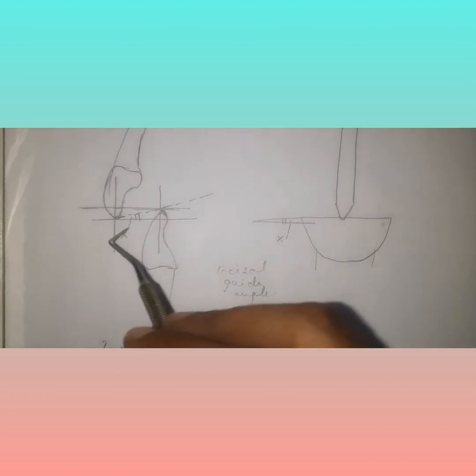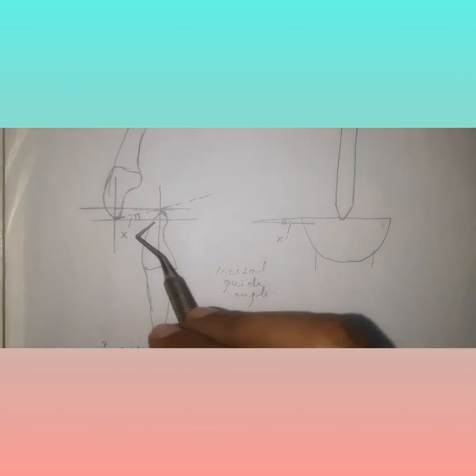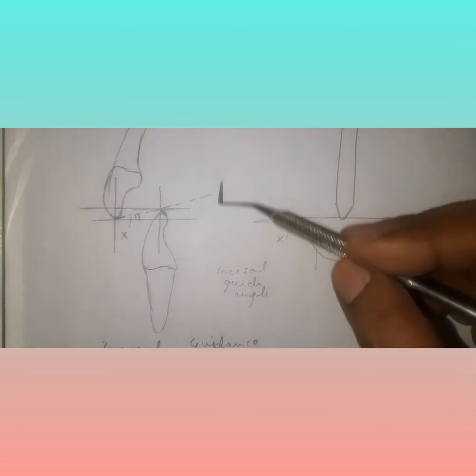So in the complete denture, the incisal guide angle should be as flat as possible. That is, this angle should be as small as possible, because then only you'll have good aesthetics, and also it will be comfortable to the patient. So if the incisal guidance is steep, and this angle is very steep, then to achieve a balanced occlusion, you will require a steeper cusp.